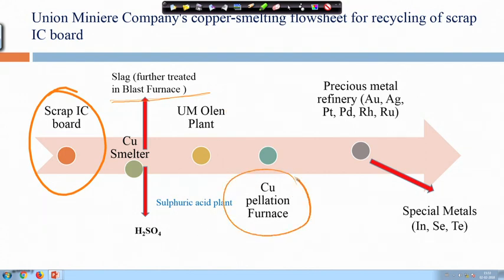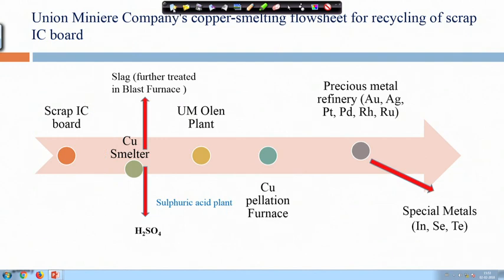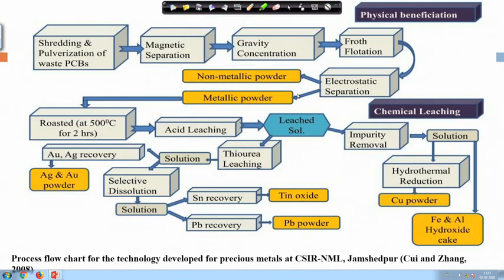Copper pelletization is done, the recovered copper is pelletized. Then the precious metals go through a precious metal refinery, where gold, silver and others are recovered. Then some special metals are also recovered using different processes. So it's just showing you a flow sheet of how the different processes are run as part of this company, and we'll come back to each one of these details very shortly.